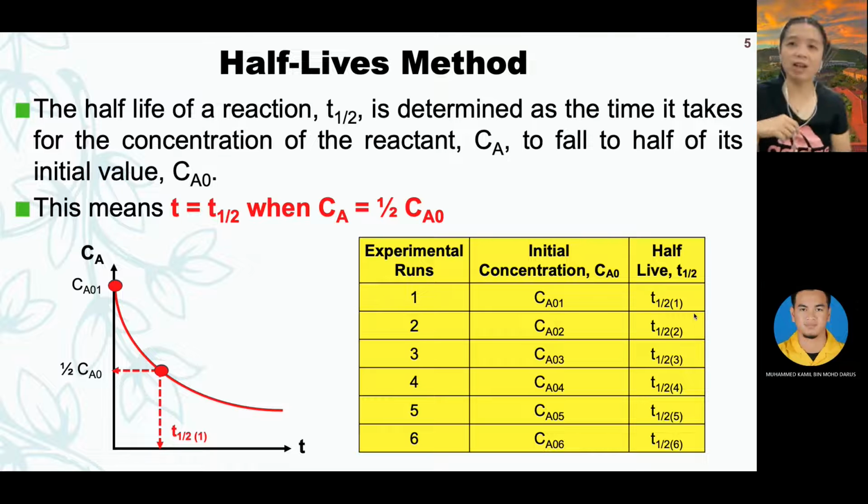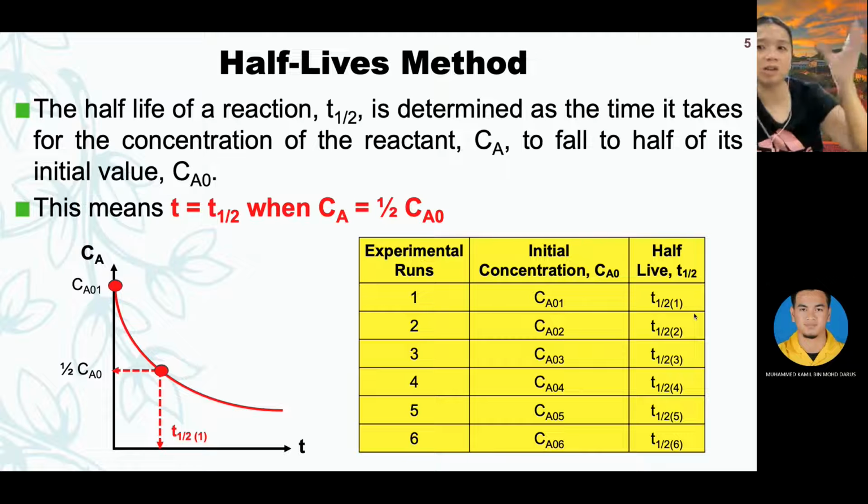So you have to do another run, the second run. Tadi run pertama you dah clear the reactor. The second run, you prepare at a different initial concentration. Let's say 8 molar. Again, you put it into the reactor, you let the reaction occur, you record how long it takes for it to become from 8 molar to 4 molar. Okay, so second run, habis.